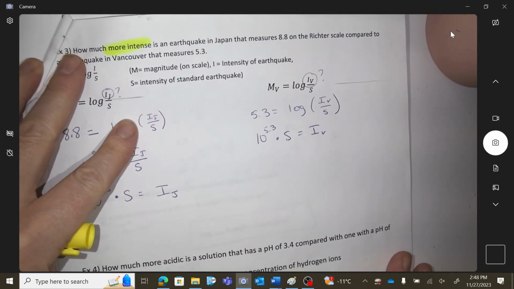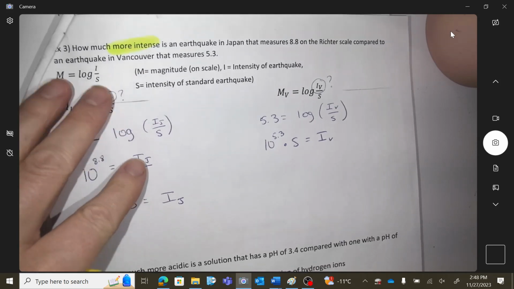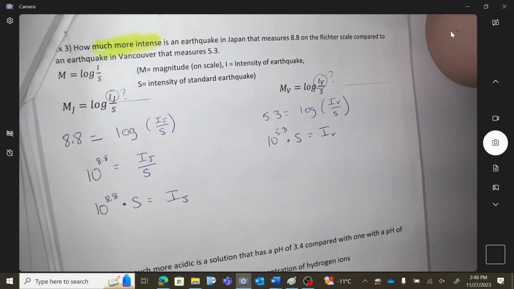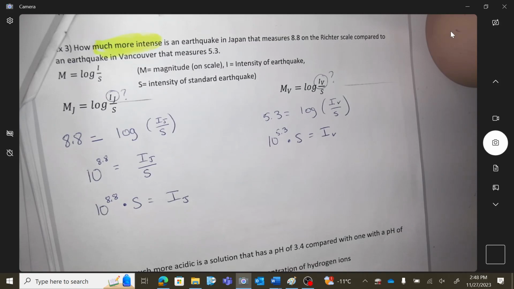Okay, when I do how much more intense is something, what math operation do you do between 2 things? So you have add, subtract, multiply, divide. What would you want to do between 2 things when I ask you how much more times intense is it? How much more times intense is something?